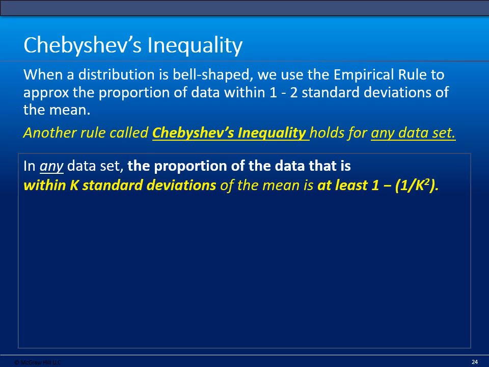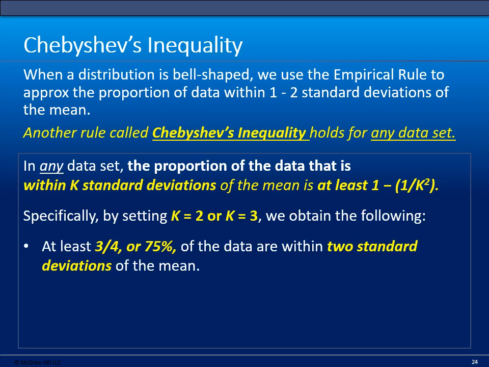Chebyshev's inequality states that we really only use this for values of 1 and 2 standard deviations. First off, in any data set, the proportion of data that is within k standard deviations of the mean, k equaling 1 for 1 standard deviation, 2 for 2, is at least 1 minus 1 over k squared.